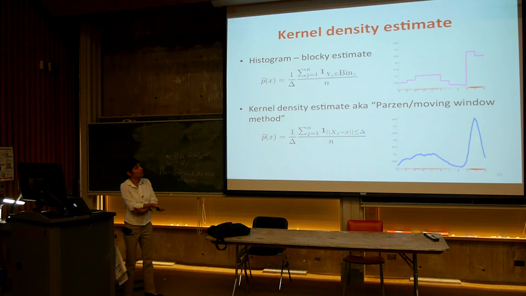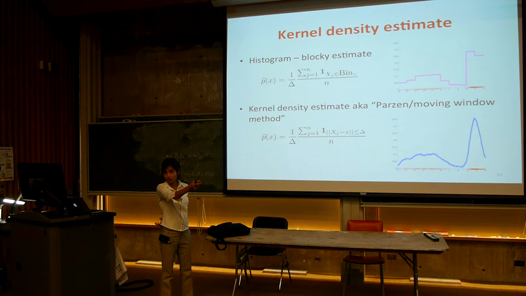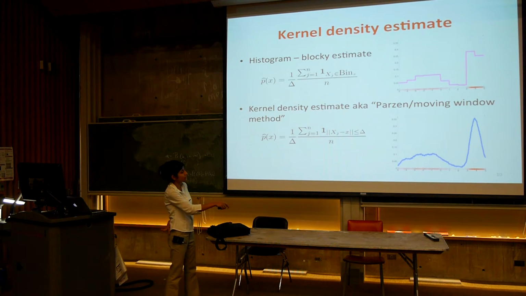But there's an easy way around it, which is that instead of fixing the partition into a certain number of bins, we use a moving window to do the binning. Say you choose a certain bin width delta. We take a region of bin width delta around the point of interest.